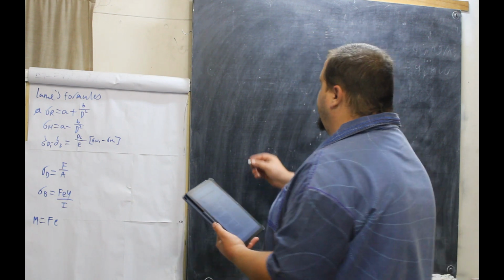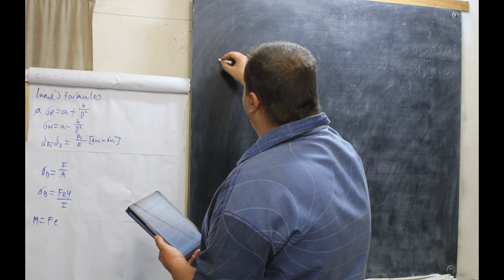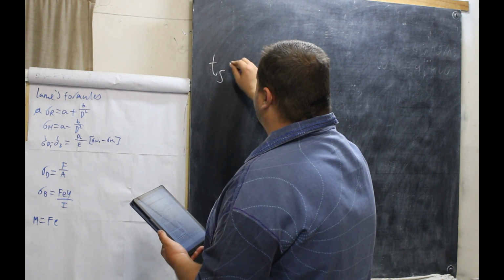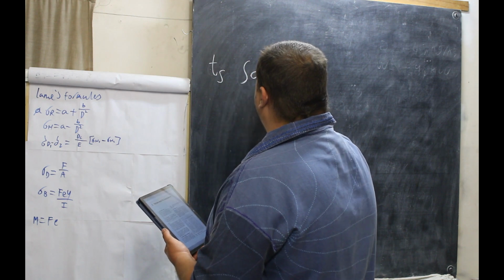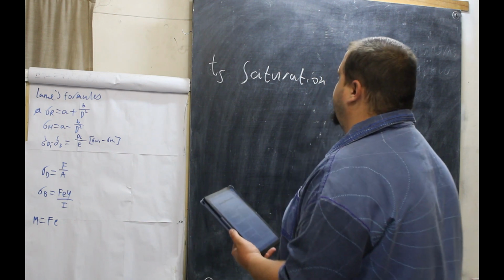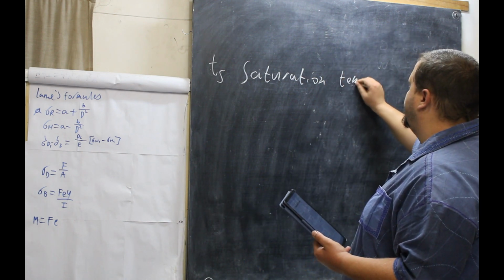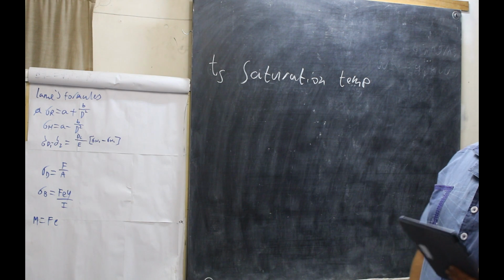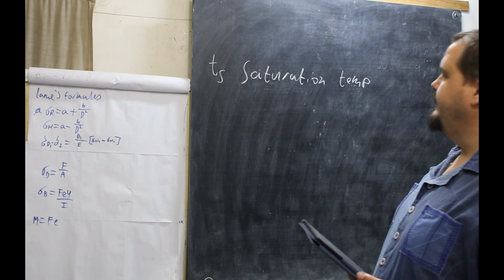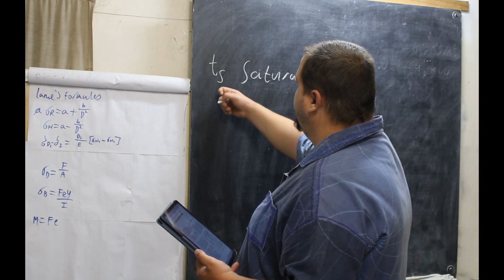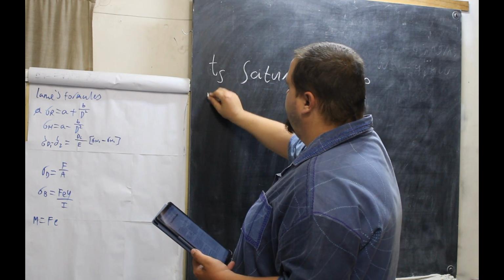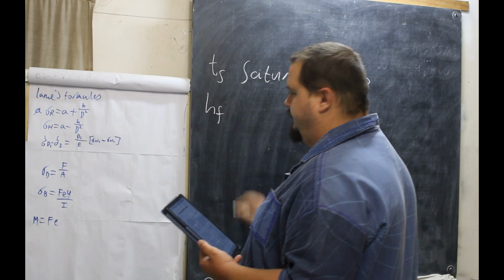Our symbol for saturation temperature is TS. Next, we have to reach that saturation temperature. At the point of temperature saturation, we have liquid enthalpy, which is HF.